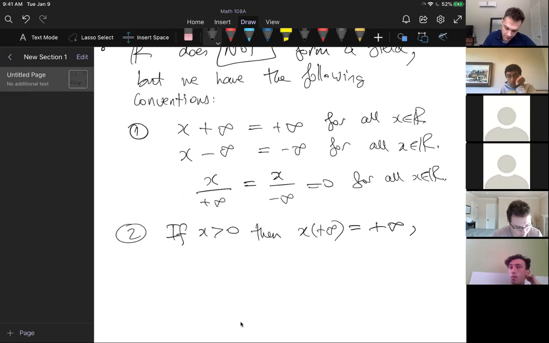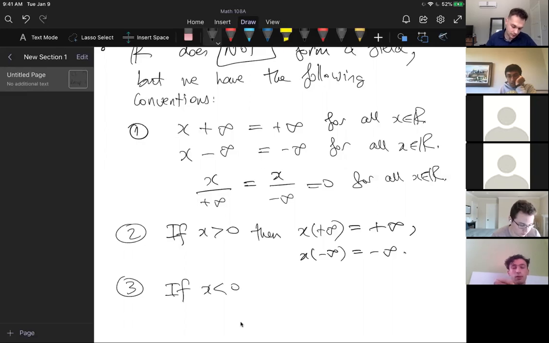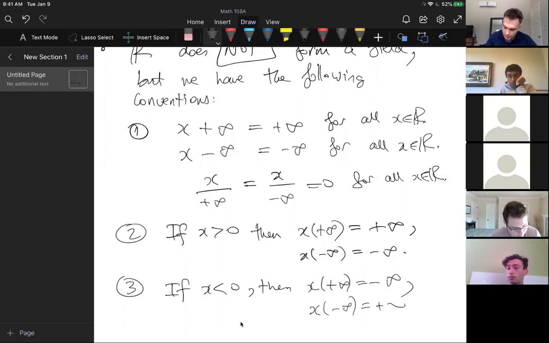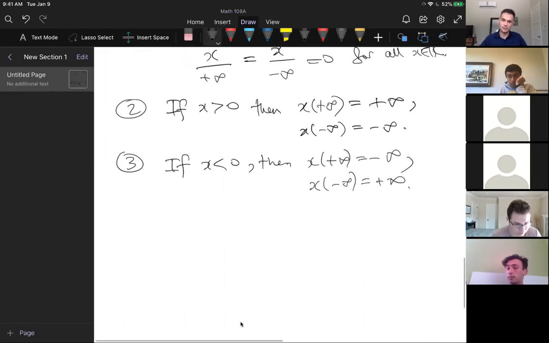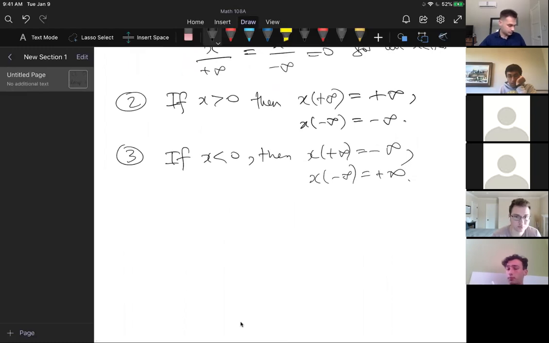And similarly, x times minus infinity will be minus infinity. And then 3 is just going to be the reverse. If x is less than 0, then x times positive infinity is going to be minus infinity, and the other way around, x times minus infinity is going to be positive infinity. So we have the following conventions to work with when we extend the real numbers, but we lose the field part. But you also gain that all subsets have a least upper bound.